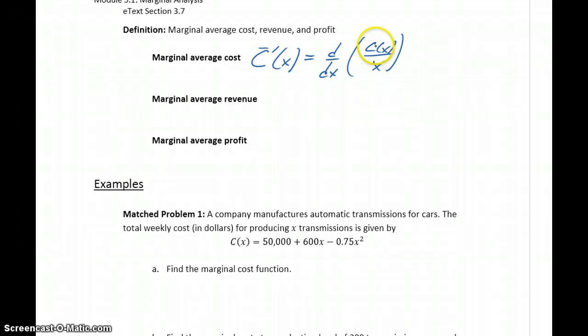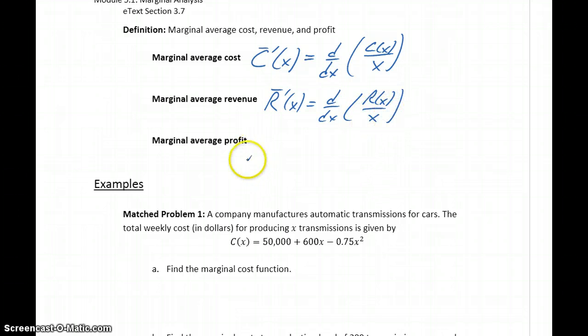So we would take our cost function, put that over x, simplify that expression, and then take its derivative. Similarly, the marginal average revenue function is just the derivative of the average revenue function. And the marginal average profit function is exactly the same thing as the derivative of our average profit function.